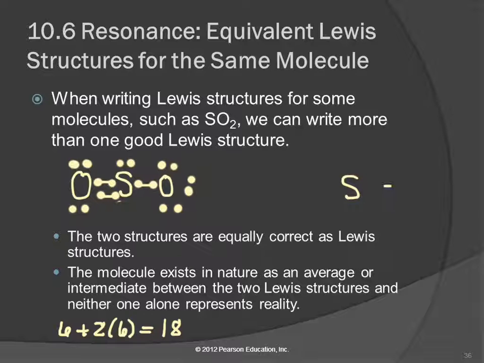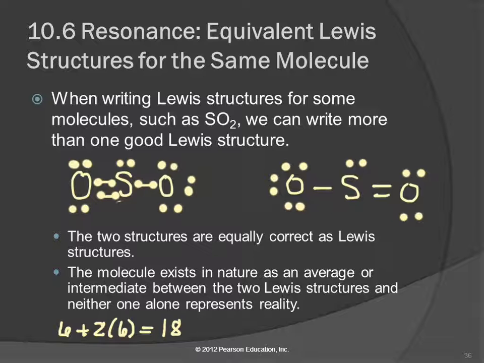We can also draw it with the other oxygen having the single bond. They're both oxygens. How do we decide which one gets the double bond? They're equivalent. They're both equally good.